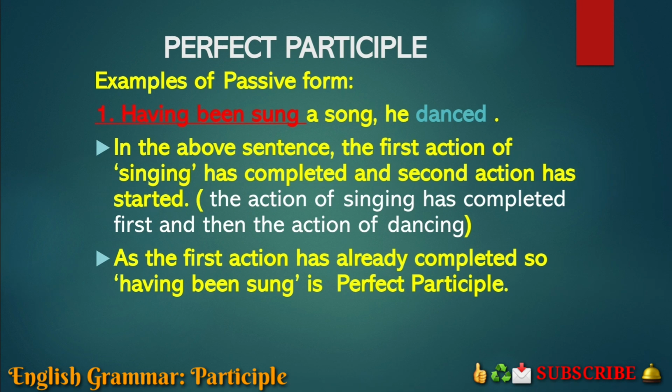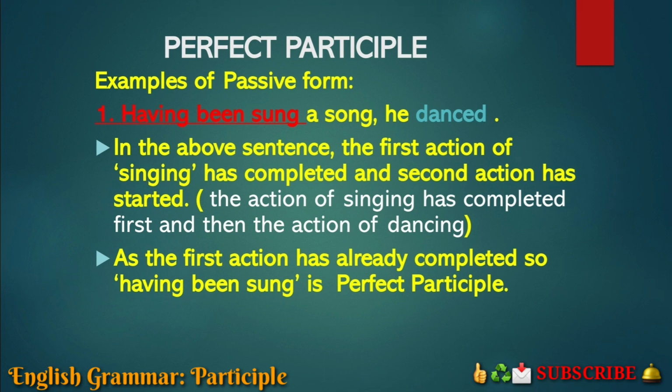In the above sentence, the first action of singing has completed and the second action has started. The action of singing has completed first and then the action of dancing. So here, as the first action has already completed, having been sung is the perfect participle because the action has completed in the past already. Okay, students, have you understood?